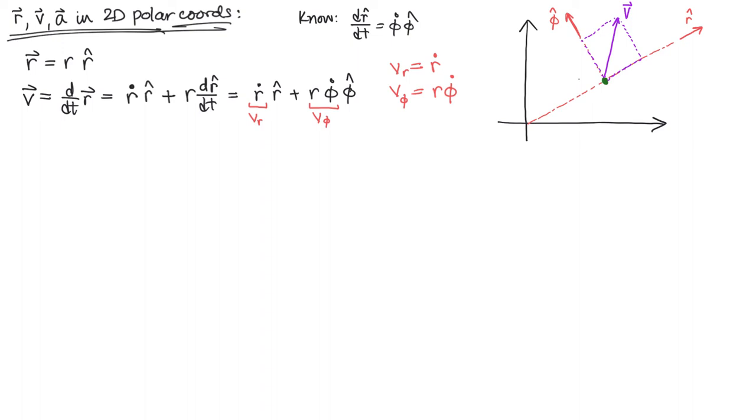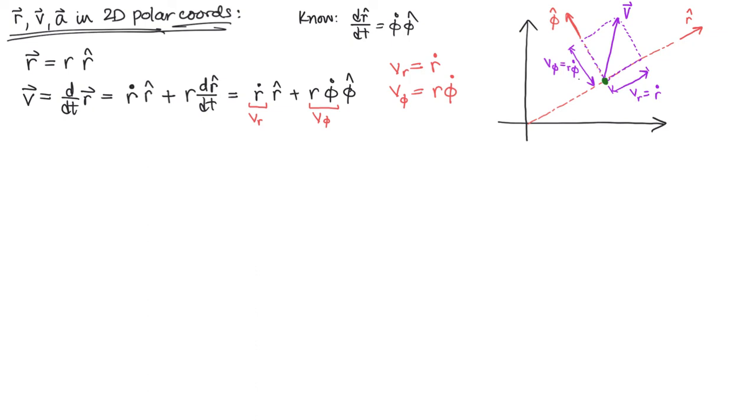So this component would be v sub r, the radial piece, which is r dot. And this component here would be v sub phi, which is r phi dot.